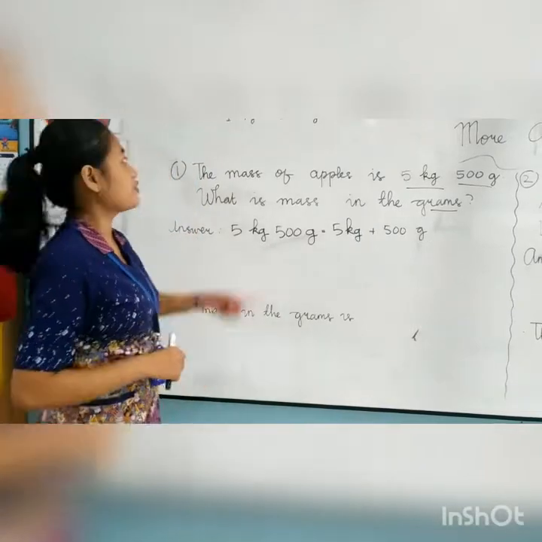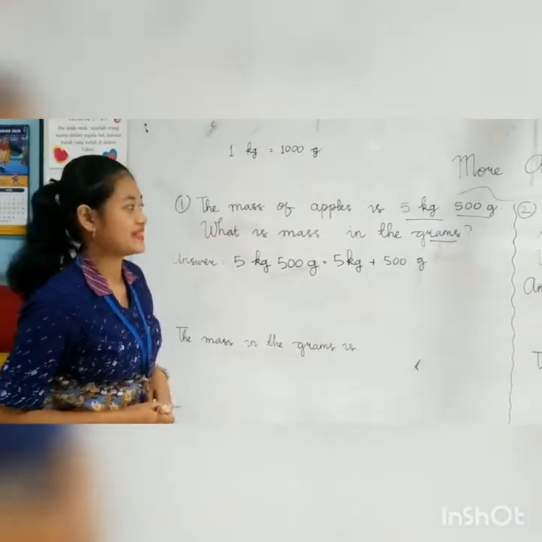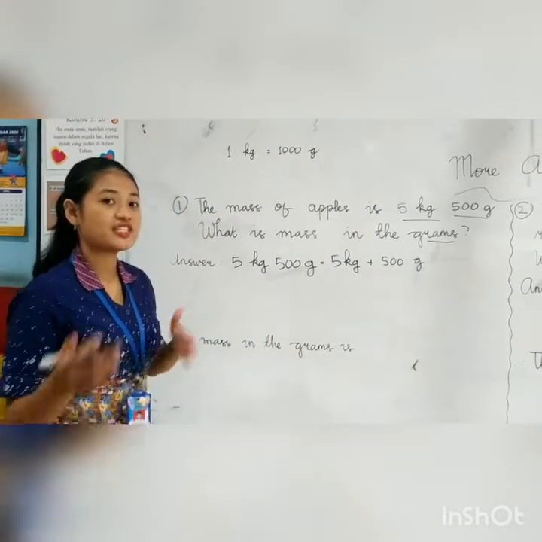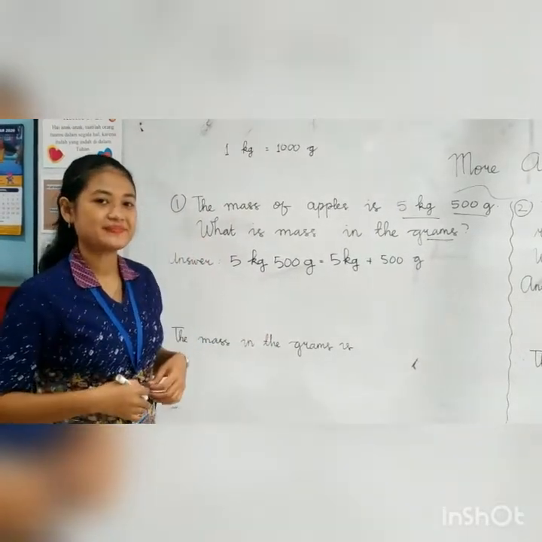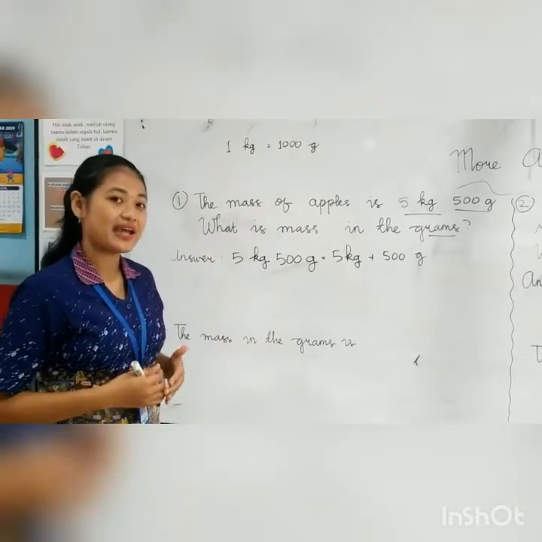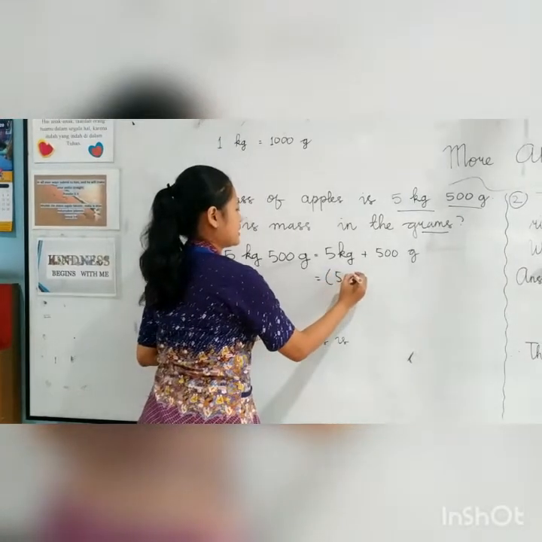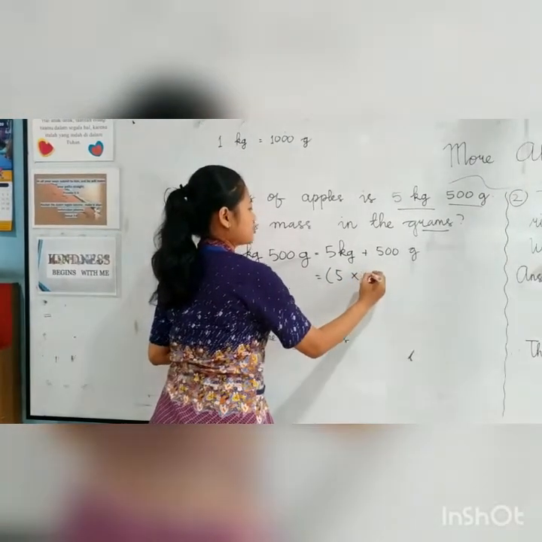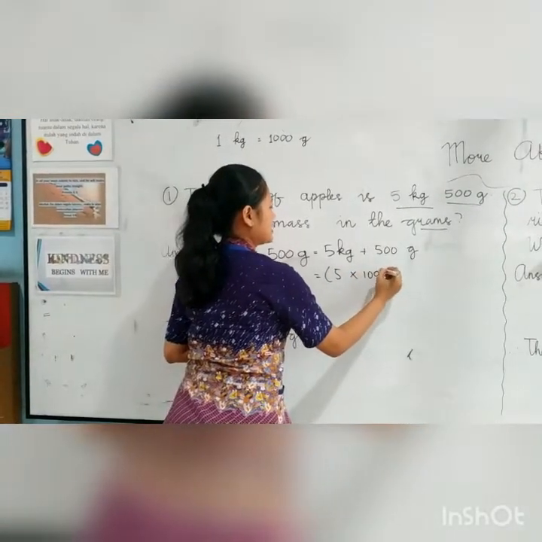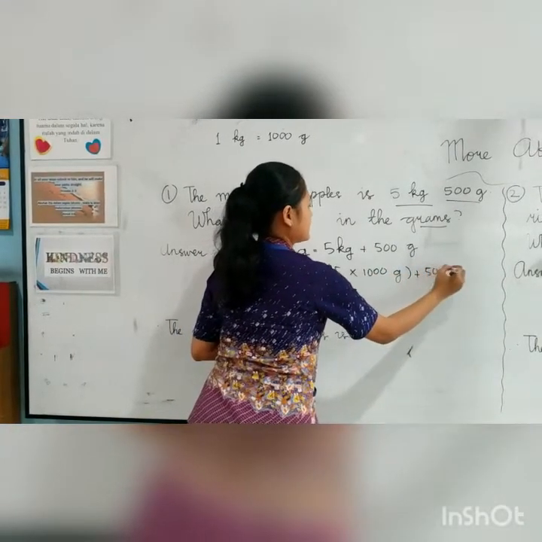And don't forget that 1 kilogram is equal to 1000 grams. It means how to change from kilograms to grams? Yeah, we must multiply by 1000. So the equation becomes like this: 5 times 1000 grams plus 500 grams.